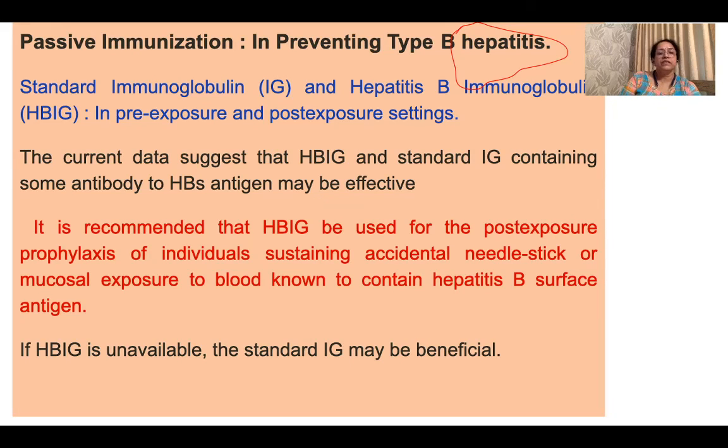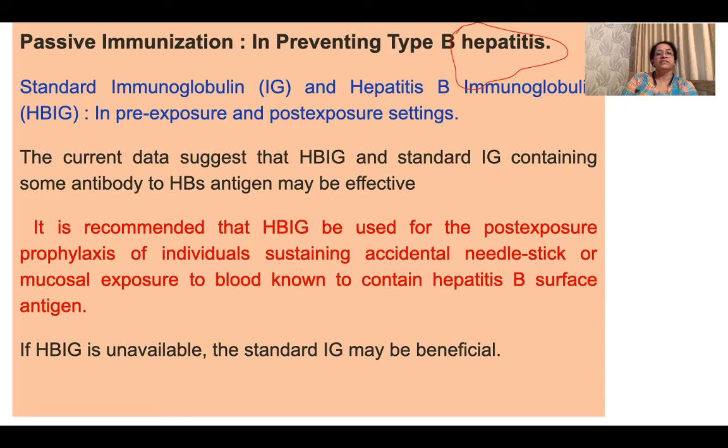One more category in the therapy for hepatitis B, in preventing type B hepatitis, is passive immunization. In passive immunization, ready-made antibodies are allowed to enter the body to neutralize hepatitis B viruses. Here, standard immunoglobulin, IG, and hepatitis B immunoglobulin, HBIG, are normally used, in pre-exposure or post-exposure settings.